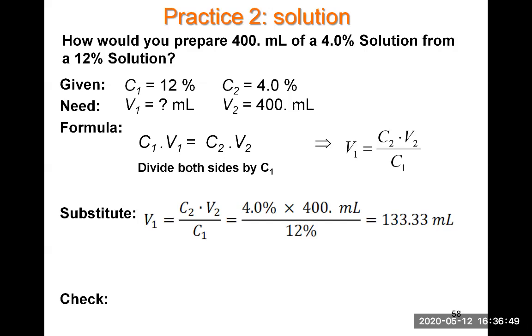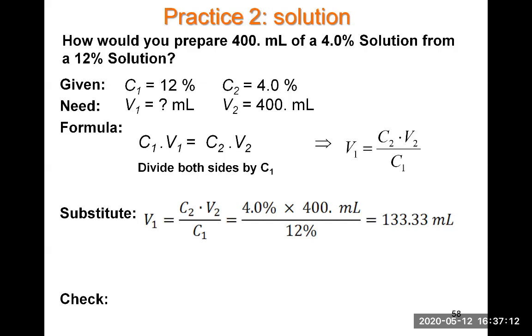In your calculator, you do 4.0 times 400 divided by 12, and that's 133.333, etc. milliliters. That's your calculator answer. We need to pay attention to significant figures as always.